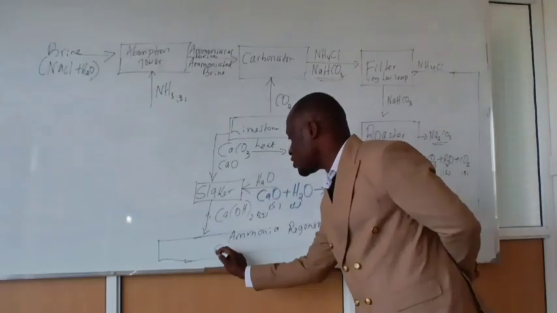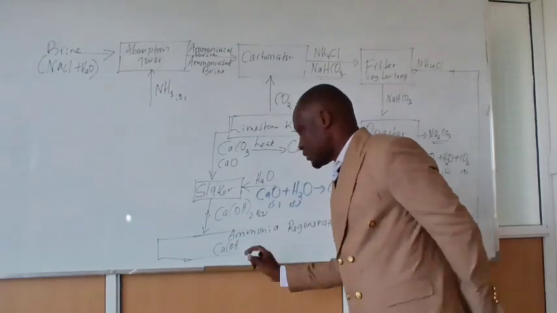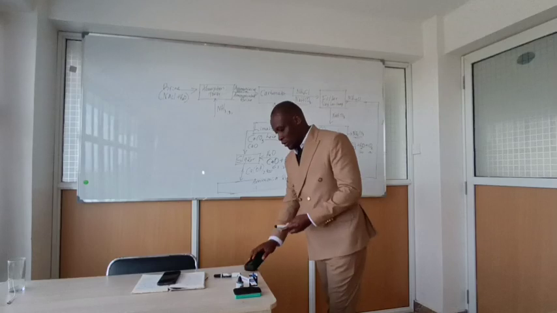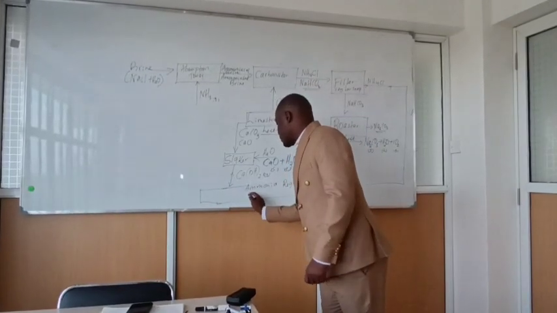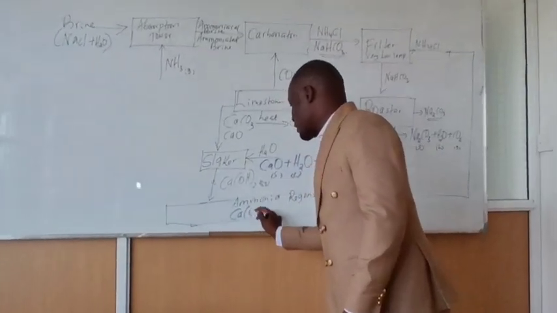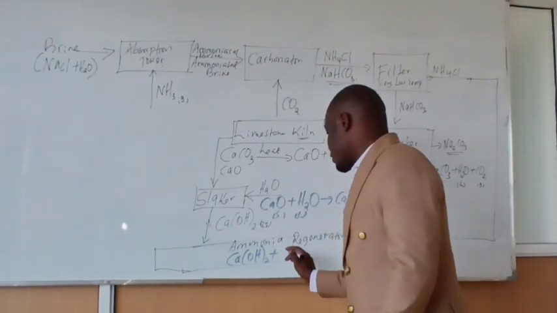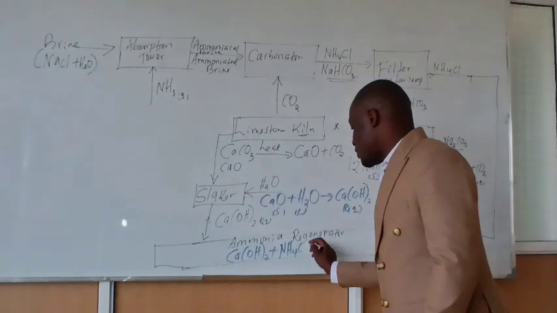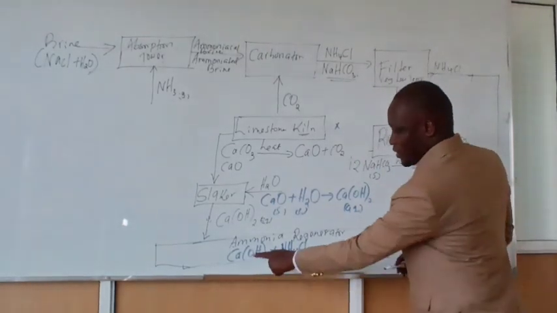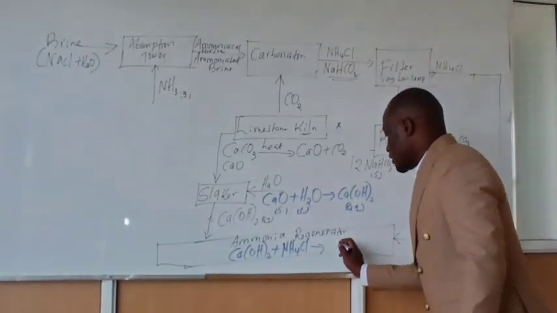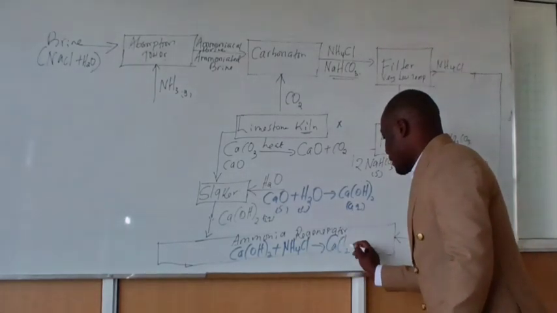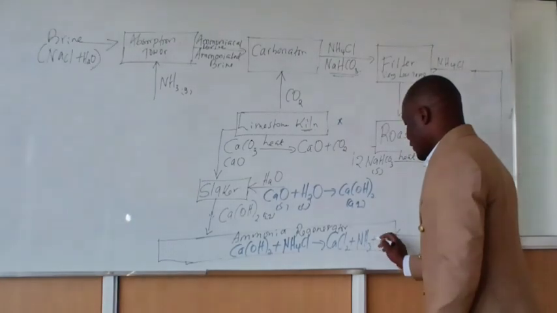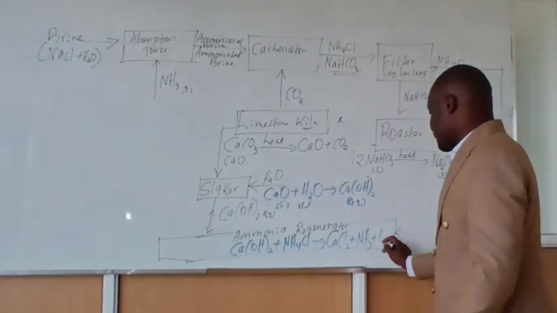So we now have calcium hydroxide, slaked lime, reacting with ammonium chloride to give you calcium chloride, written as CaCl2, plus ammonia gas, NH3, and then plus water.